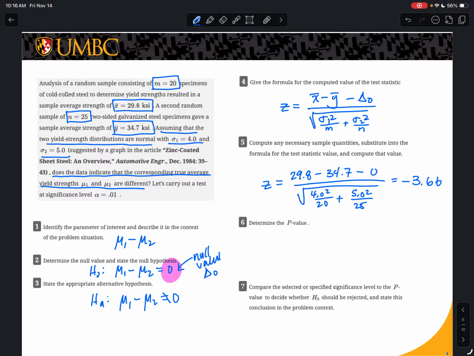Okay, so this is a Z test, meaning we're going to go to the Z table to see if our computed test statistic looks extreme. So you can do that in a couple of ways.